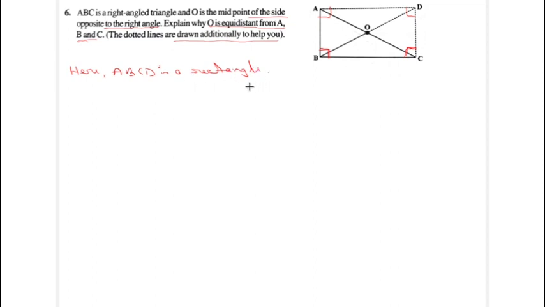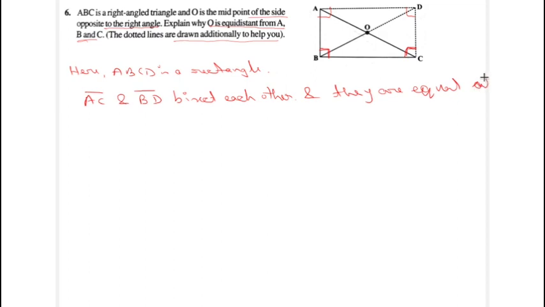Now in a rectangle we know that diagonals bisect each other. So diagonals AC and BD bisect each other, and they are equal also.